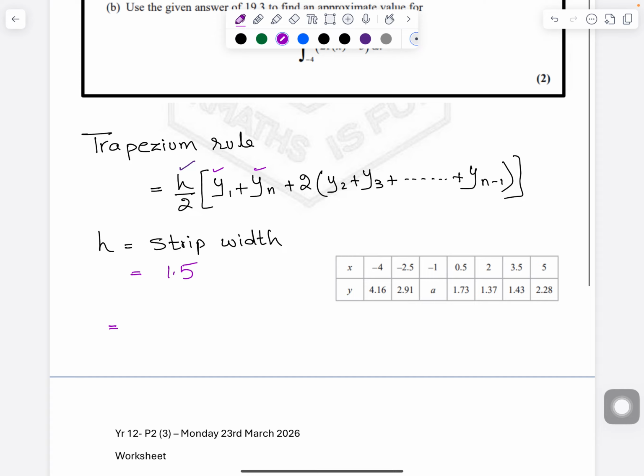Y is the corresponding value of x, the first one and the last one. First one and last one you substitute here, and the rest of the values of y you write inside the bracket and multiply by 2. There is another video of mine in which I have explained the reason behind it for this formula, so we are not going into the detail of that. Right now we are just substituting the values here.